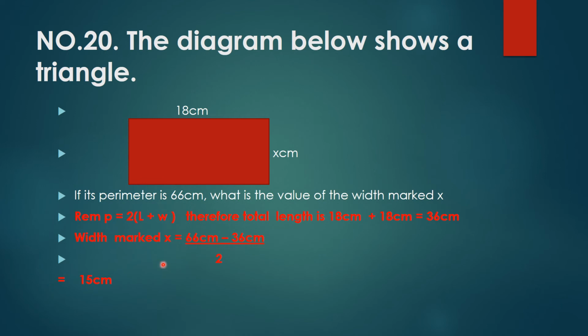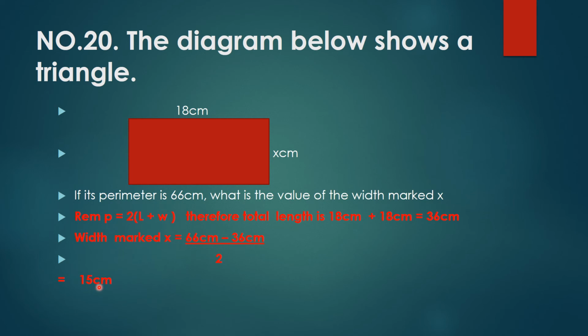So 30 centimeters, if you divide 30 centimeters by 2, you will find out that the required width that they were asking here, that is the side marked x, is 30 divided by 2, because you are sharing between these 2 sides, and you will get 15 centimeters.